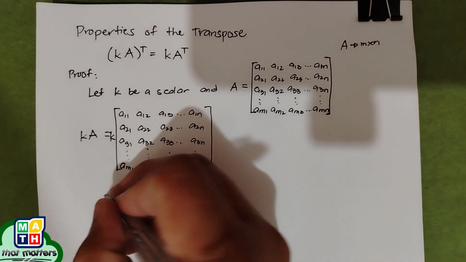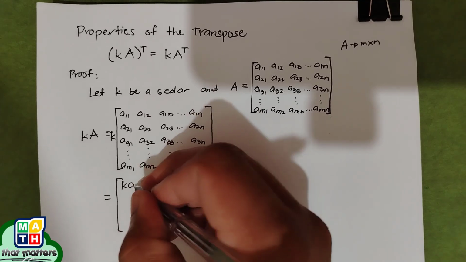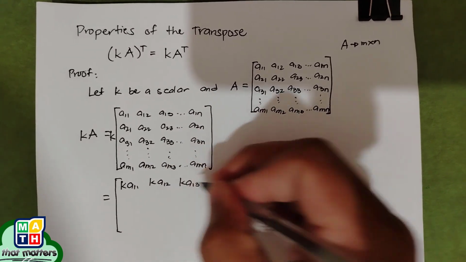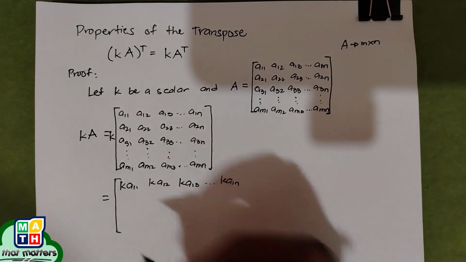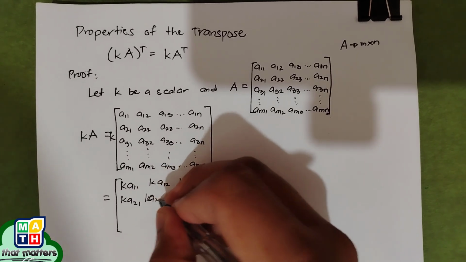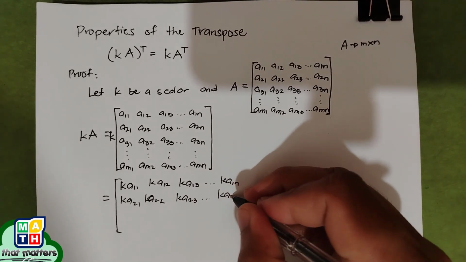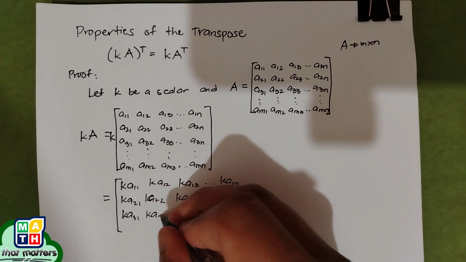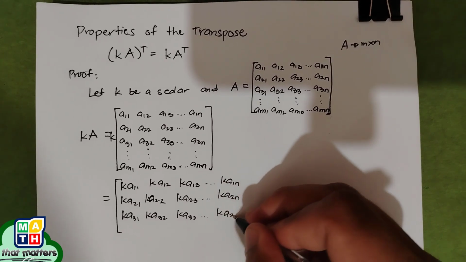So this is now equal to, when you multiply scalar k: ka11, ka12, ka13 dot dot dot ka1n. That's for the first row. Then we have ka21, ka22, ka23 dot dot dot ka2n. You have ka31, ka32, ka33 dot dot dot ka3n.